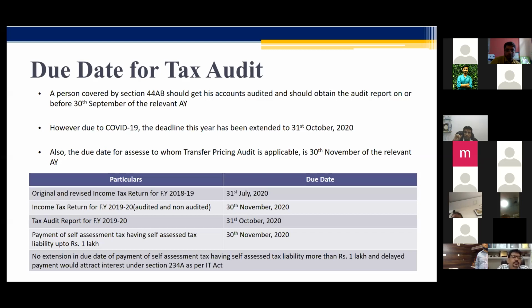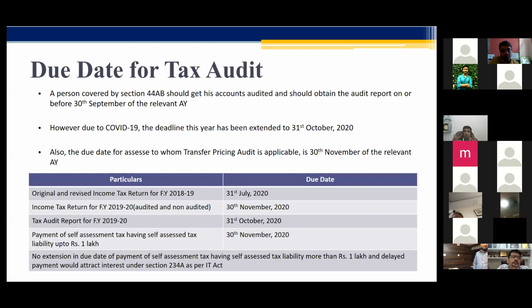So the income tax return due date was extended to 31st October for the persons who are required to get their accounts audited under any statute. Now, the due date prescribed for 44AB was 1 month prior to the due date prescribed under section 139. So the due date of section 44AB remained at 30th September, whereas the due date for filing the return was 31st October.